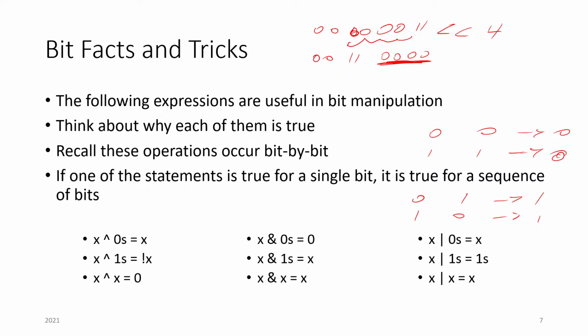So each one of these gate operators here, you actually can try in your C++ programming language to see how it operates. No, X actually represents your input binary number.